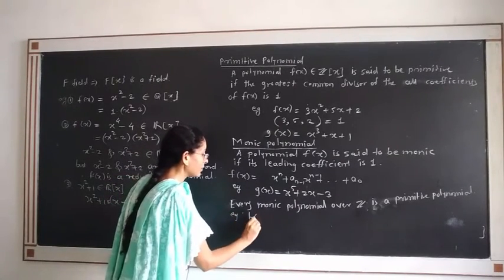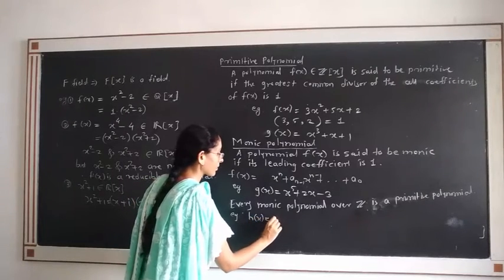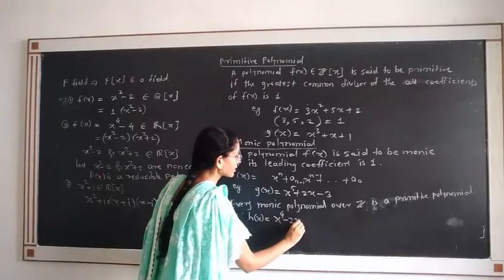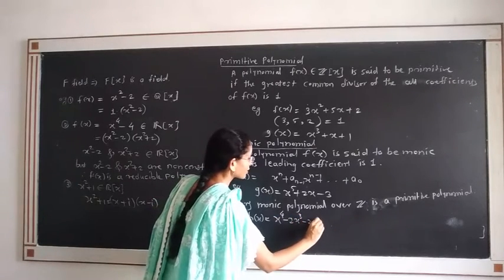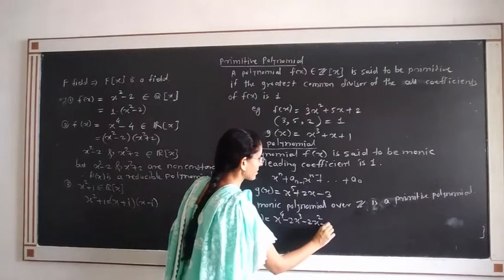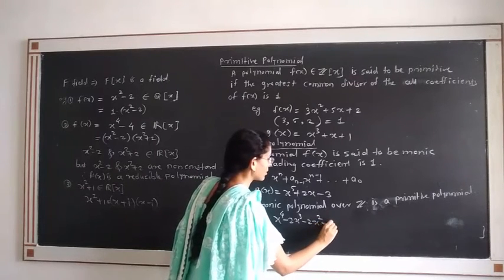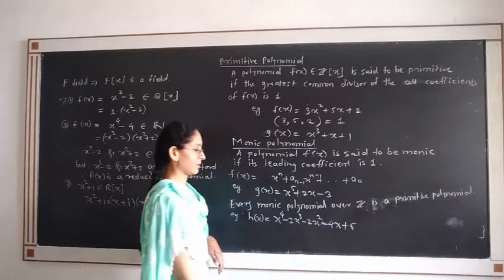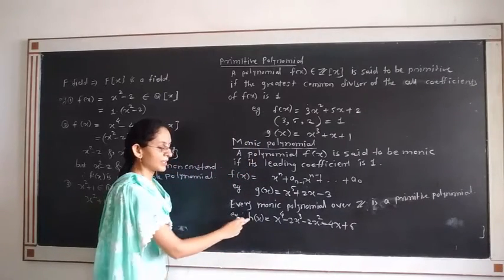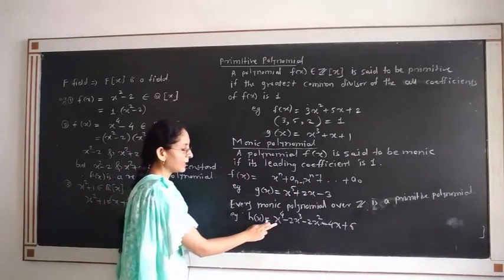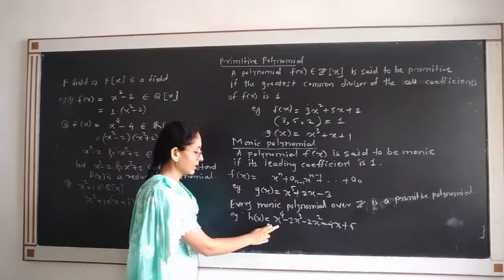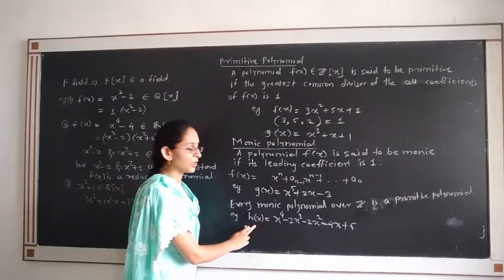h(x) is equal to x^4 - 2x^3 - 2x^2 - 4x + 6. Check that it is a monic polynomial. The leading coefficient of x^4 in h(x) is 1. Therefore, h(x) is a monic polynomial.